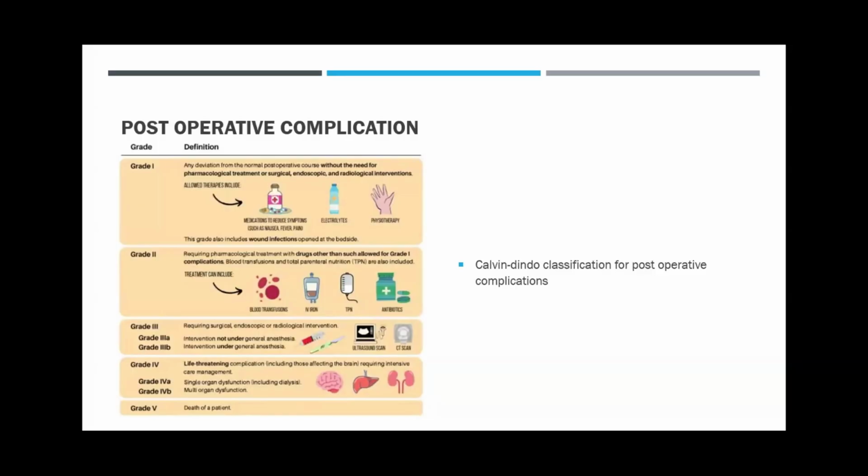Then grade 2, when there is a need for antibiotics, TPN, IV or other active pharmacological management. Then grade 3, when there is a need for surgical intervention, and it is 3A if we intervene under local anesthesia, and grade 3B when we do the procedure under general anesthesia. Then we have grade 4 complications, 4A when there is a single organ failure, and grade 4B when there is multiple organ dysfunction, and grade 5 when the patient dies.